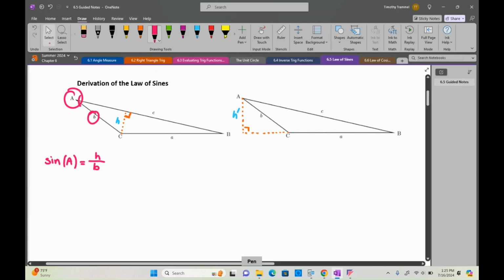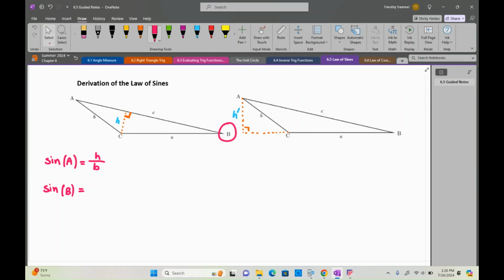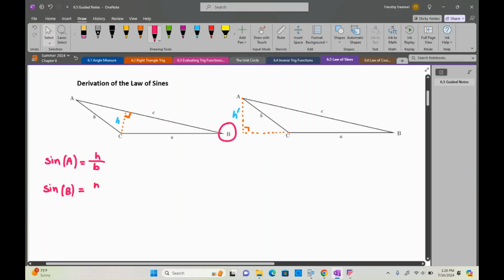I want us to now focus in on angle B. So we can write something involving sine of B here. And so if we look at the side opposite of that, it's H. And the hypotenuse is, again, what's opposite of the 90-degree angle. So that's side A here.